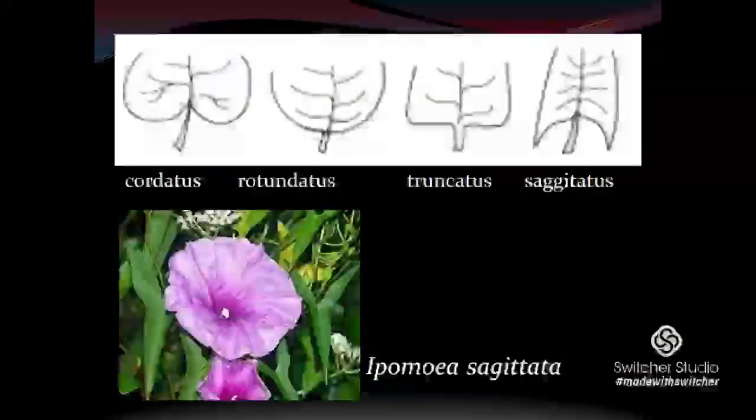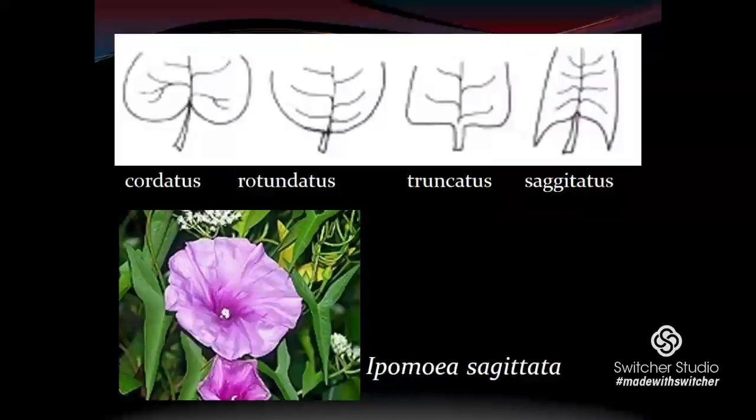Leaf stems. Cordatus, rotundatus. We had that Dombeya rotundifolia. Truncatus, truncated, cut off. Sagittatus. Sagittatus, you know that word. Who's into horoscopes? Sagittarius.